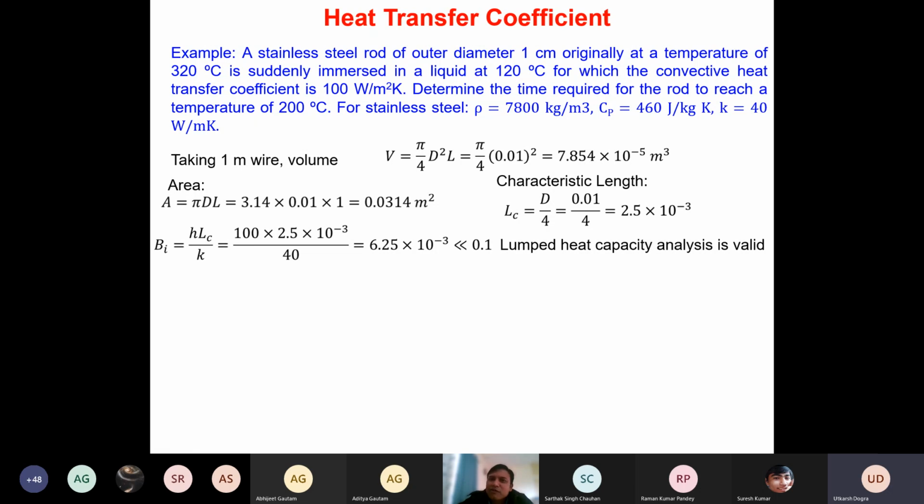It will immediately spread across the rod. If you look at the order of magnitude of time in conduction and in convection, they are very different. Conduction occurs very fast compared to convection. That is why we are neglecting the conduction resistance inside the metal rod. Do you agree? Remember the Fourier number we discussed? It was comparing those time scales. Is it clear?